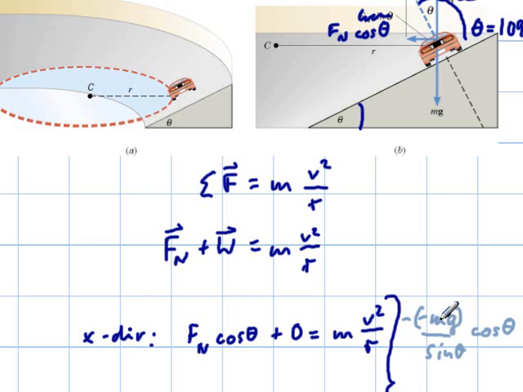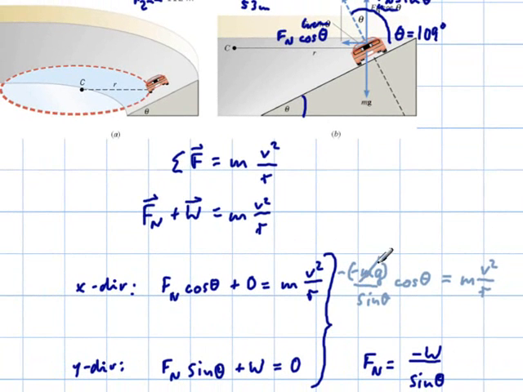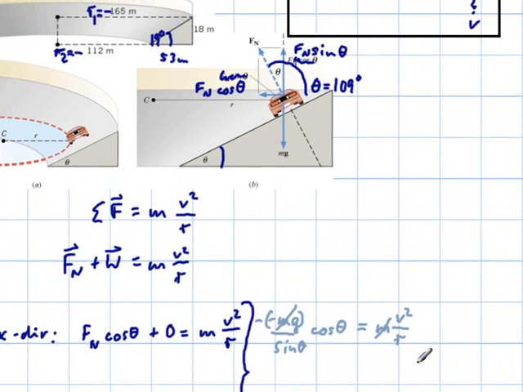So the weight is mass times gravity, and that mass divides out, and that was the reason why they didn't give us the mass or the weight of the car, because it doesn't matter what car it is, how massive it is, because the outcome would be the same for any kind of car. There is the same maximum speed and same minimum speed for each one of them, so that they wouldn't move out of the curve.